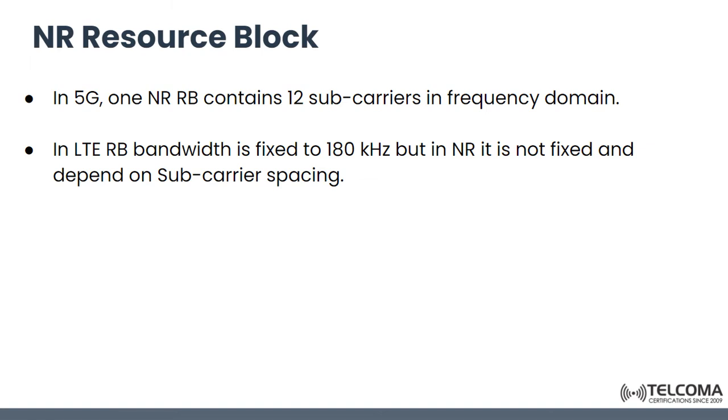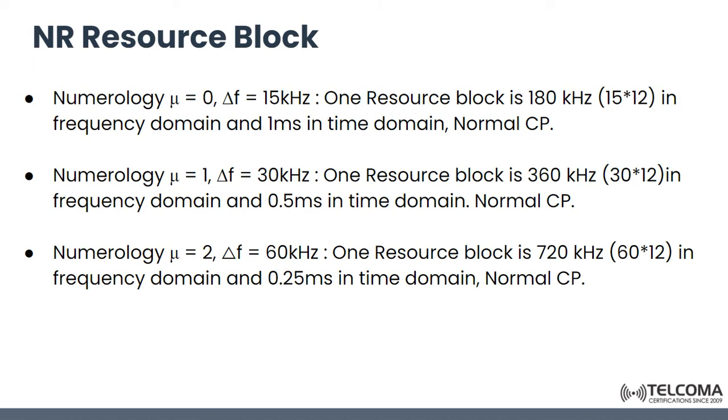In LTE, the resource block bandwidth is fixed at 180 kHz, but in new radio it is not fixed and depends upon the subcarrier spacing. We can see here the different numerologies.